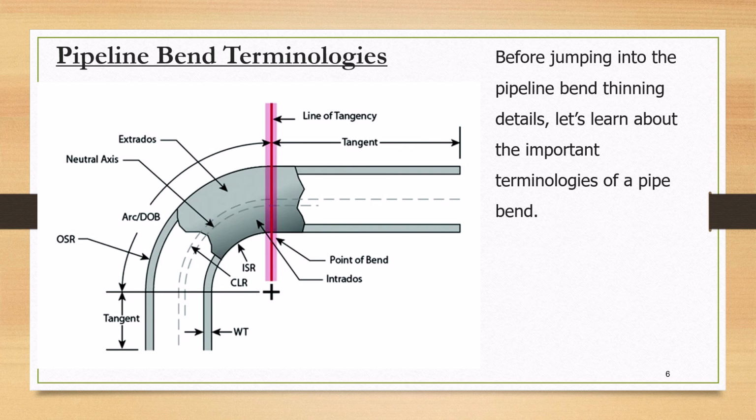At the neutral axis, the tube wall neither compresses nor stretches. Now when a bending action is performed, as I already mentioned in the first slide, the outside radius gets stretched, whereas the inside radius gets compressed. However, at the neutral axis there will not be any compression or elongation. That is the reason it is known as the neutral axis.